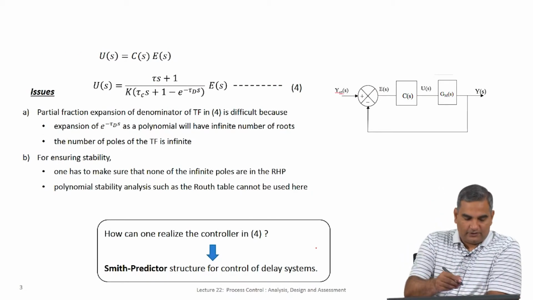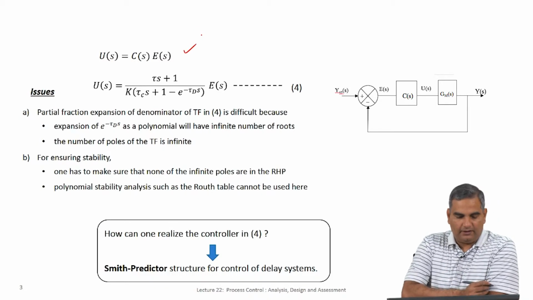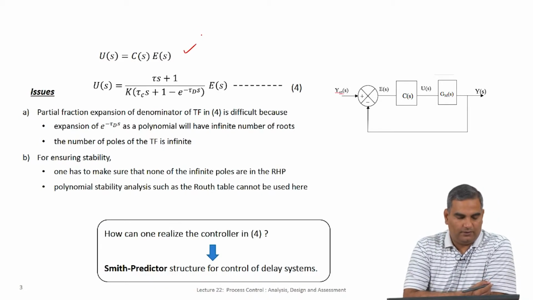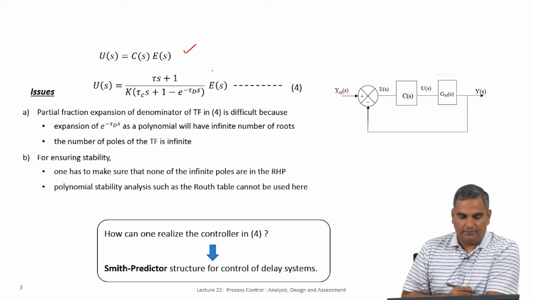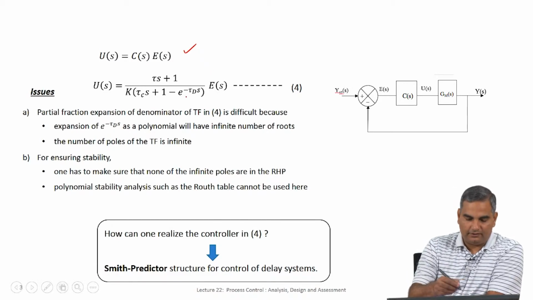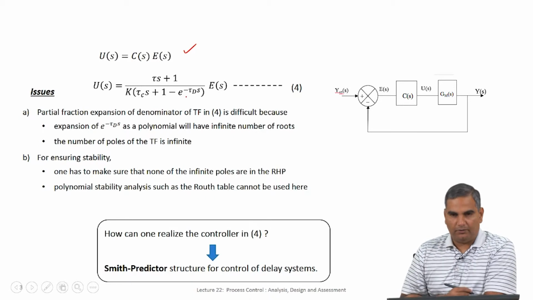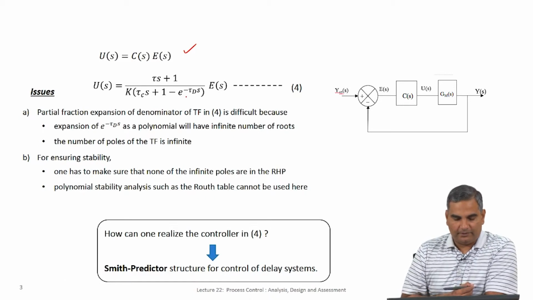So, again I have just written the same thing here. I have an input which should be a function of the controller times the error, and that basically gives me this equation. Typically what I have been doing is I have said this is a numerator by denominator polynomial. Usually we can do Laplace transform and the convolution to identify what u should be. So, those are things that we have been talking about.